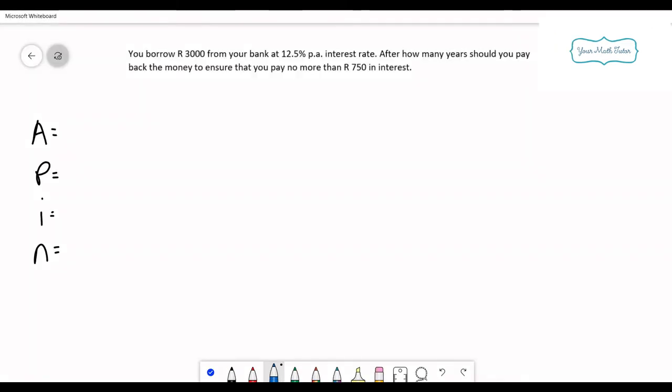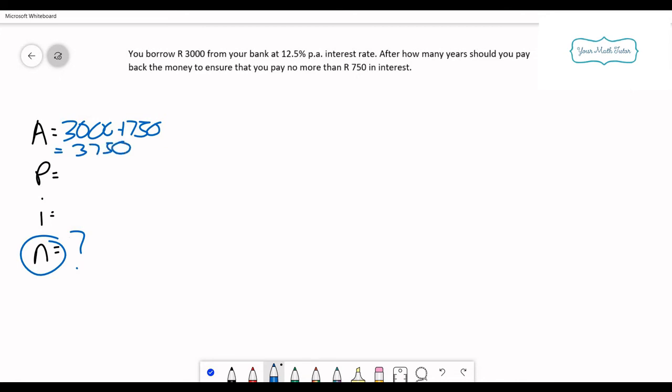You borrow 3,000 Rand from your bank at 12.5% per annum interest rate. After how many years should you pay back the money to ensure that you pay no more than 750 Rand in interest? So in this question, we are looking for n. So n is the one with the question mark. And then the accumulated amount is going to be 3,000 Rand plus 750, which is going to give us 3,750.